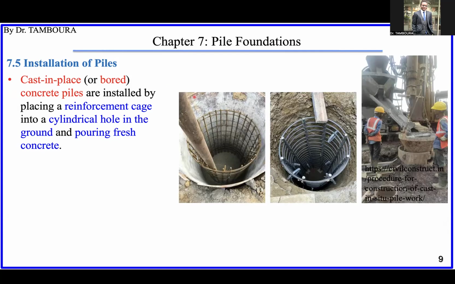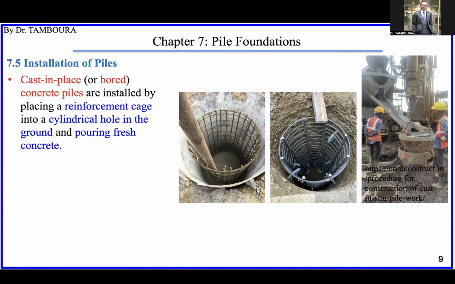These are some examples. For example, you can see from outside that this one is cased. There is a casing, but this one is not cased. You see the reinforcement is already in the hole, and then you pour concrete. This case is similar to this one. You can see the casing.